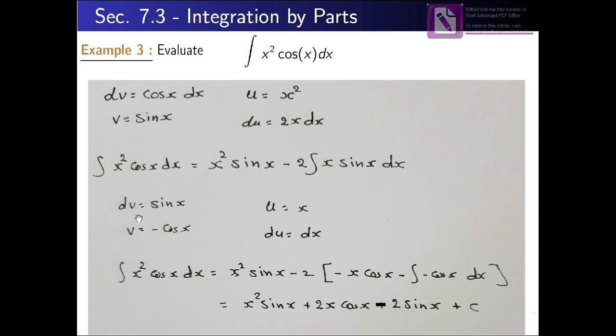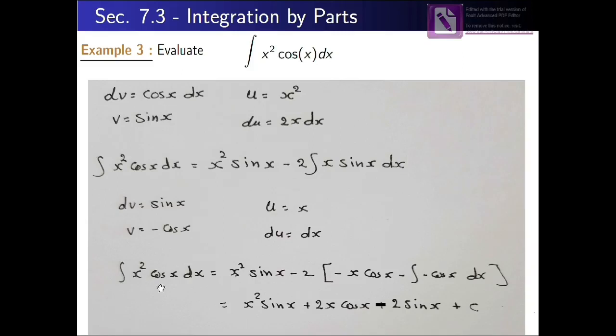So here we'll choose dv equal to sine x dx, and we'll choose u equal to x. So v is equal to minus cosine x, the integration of sine x will be minus cosine x. For u equal to x, that means du is equal to dx.